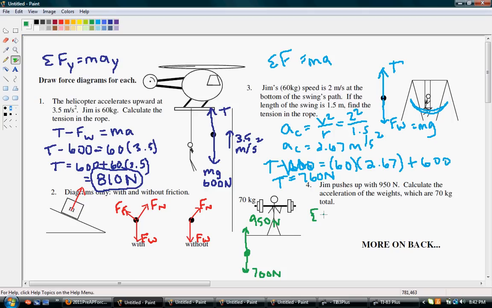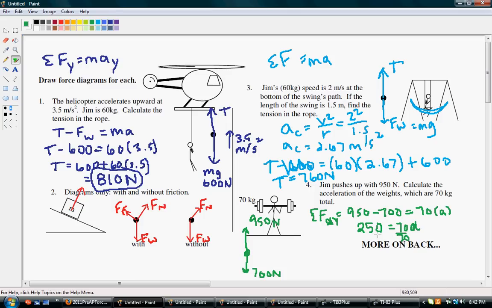So the sum of our forces in the y direction is going to be the 950 newtons, which is up, minus 700, which is down, and that equals the mass. So for the weights, it's 70 times acceleration. On this left side, 950 minus 700 is 250, and that equals 70 times acceleration.